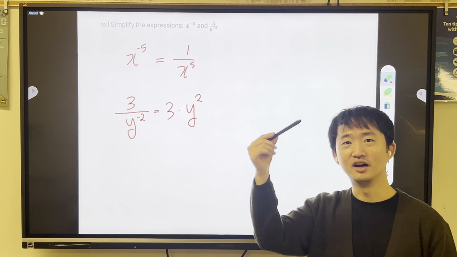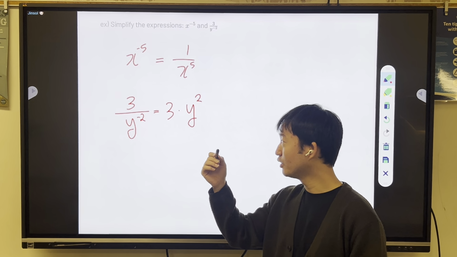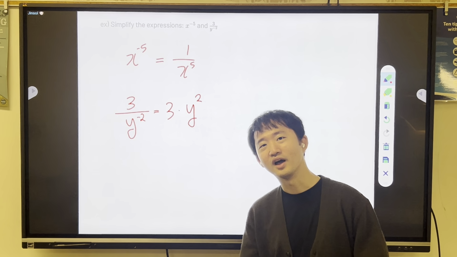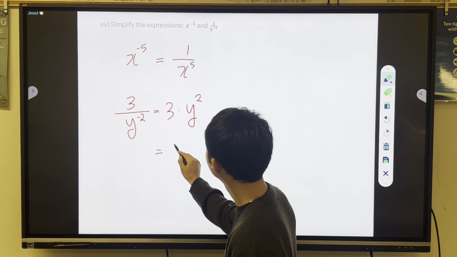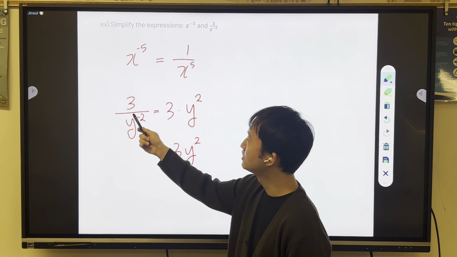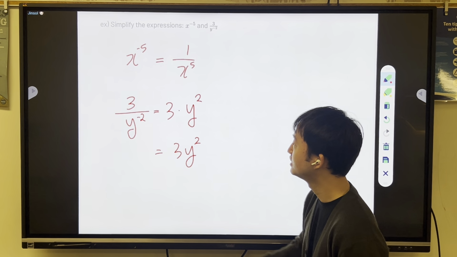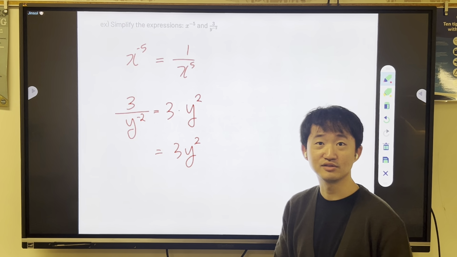The reciprocal of 1 over y to the power of negative 2 is going to be just y to the power of 2, after we remove the negative exponent. So the answer is 3y squared. Notice that the 3 was not moved. The 3 is irrelevant to the y power of negative 2 in the denominator.